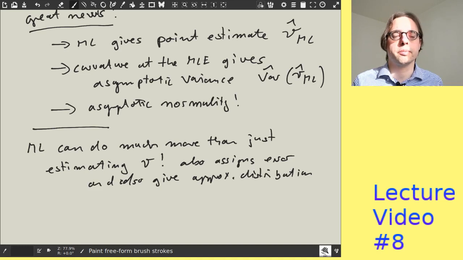So the quadratic approximation will become better and better the larger n is, and in the end this is another cornerstone of the success of maximum likelihood.